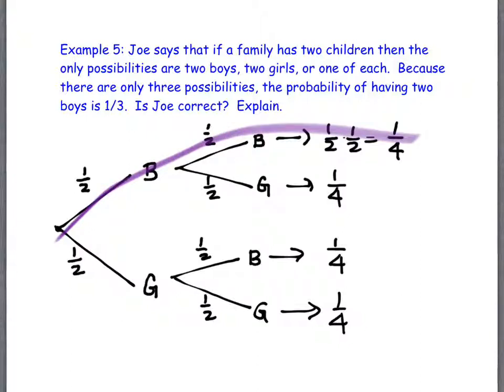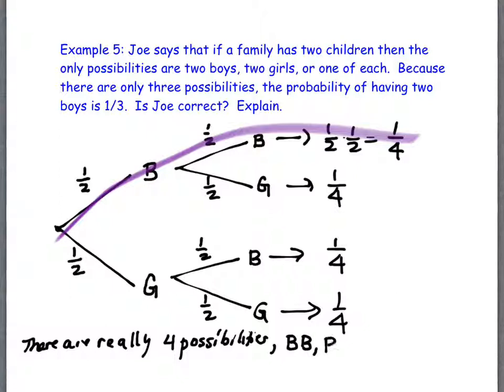So let's jot down some details about Joe. So there are really 4 possibilities. There's a possibility of it being a boy-boy, a boy-girl, a girl-boy, or a girl-girl.